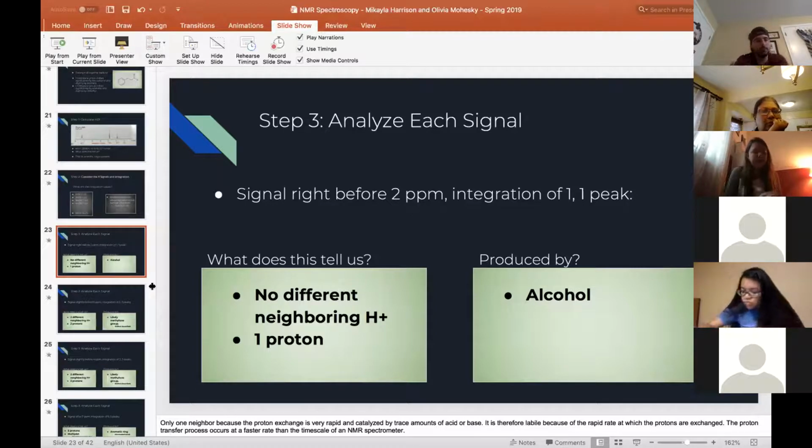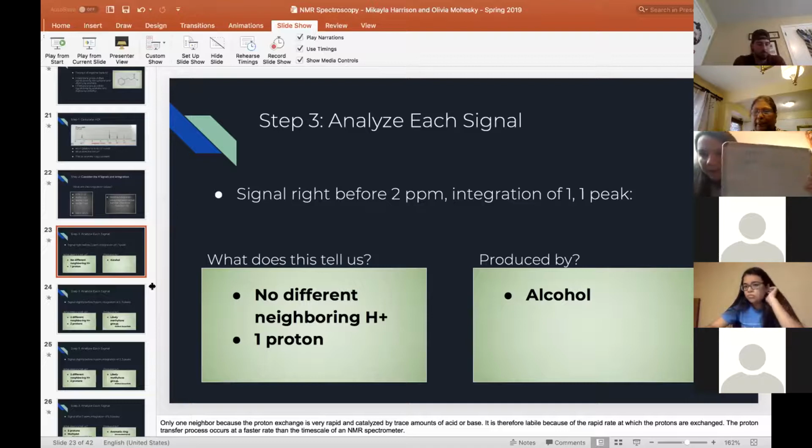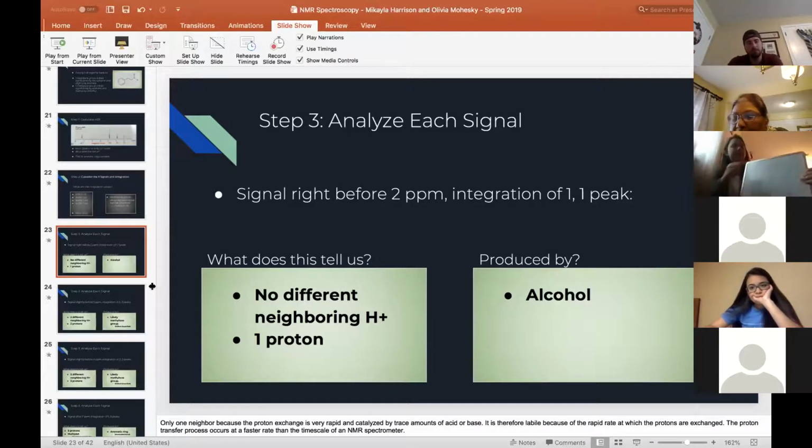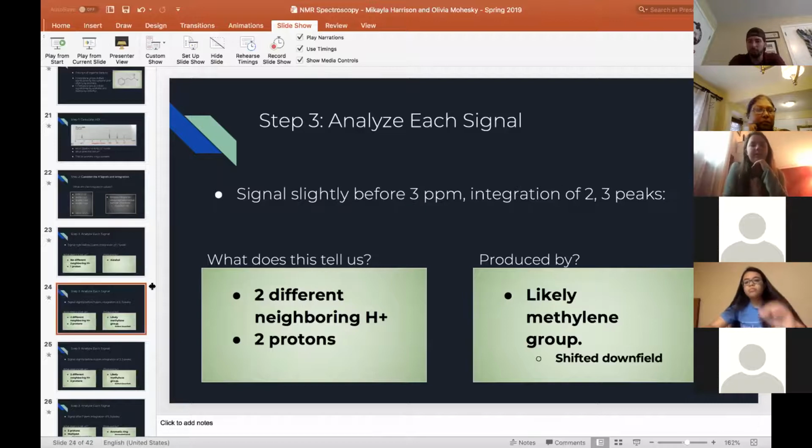I would draw something like this. I don't know if you can see this. For each chemical shift that you're working, you write down all the information that you have, and then you put what fragment you think it could be. So for the next signal, I would do the same thing. I'd write out what the chemical shift is, what the multiplicity is, and what the integration is, and then write that fragment over there. So that would be our first fragment.